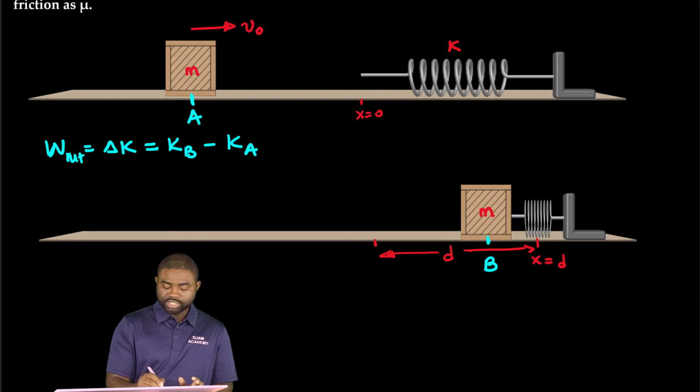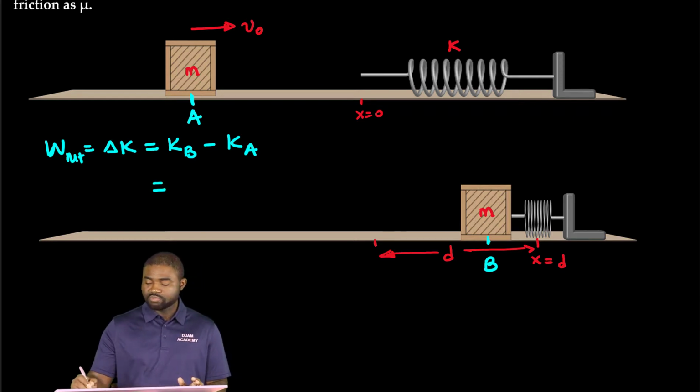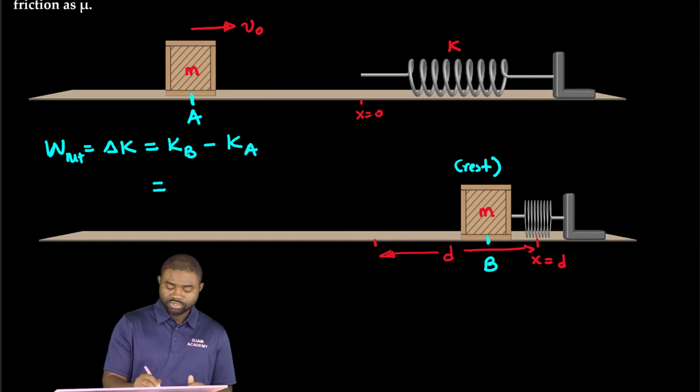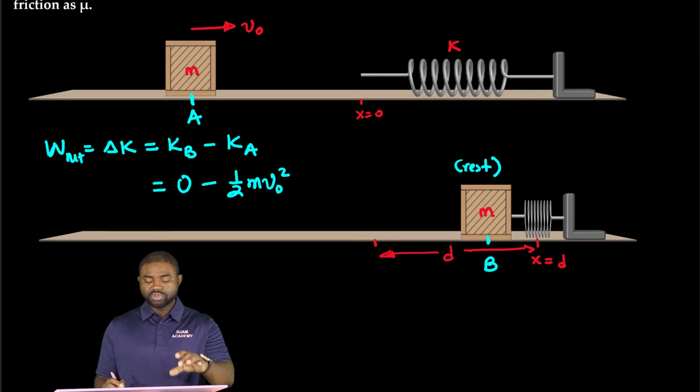At B the object comes to rest. So the object is momentarily at rest, which means that the kinetic energy at B is 0. So this is 0 minus 1/2 m v0 all squared, because the speed of the object at A is v0.